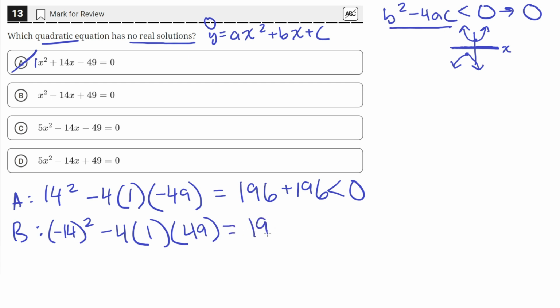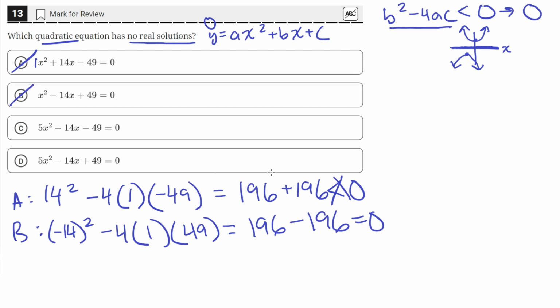So this will give us 196, but this time we'll have a negative 196, since negative 4 times 49 is equal to negative 196. This is just equal to 0. And this means that this equation has one solution, since the discriminant is equal to 0. The discriminant in A was positive, since we had two positive numbers being added. That means that the equation in A has two solutions, B has one solution, but we're looking for one with no real solutions.